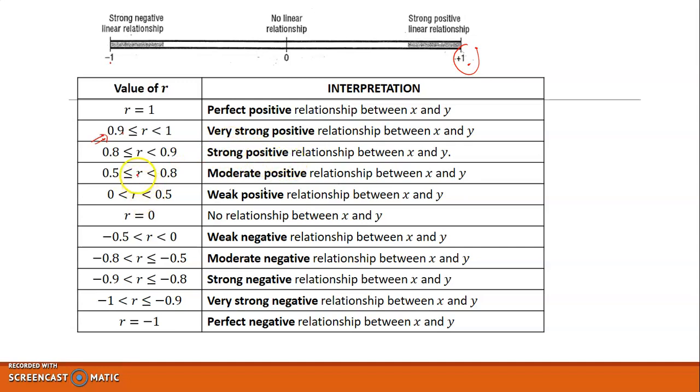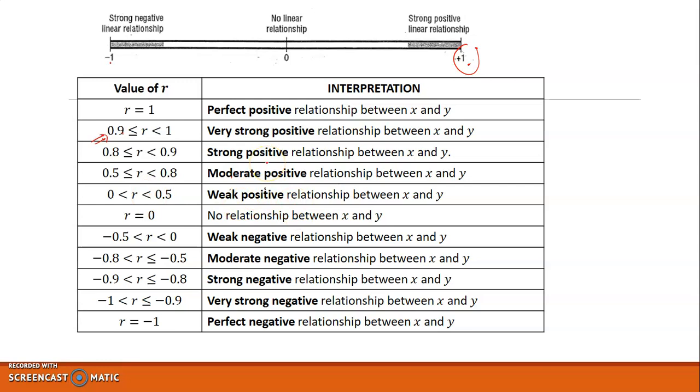If it is from 0.5 until less than 0.8, it is considered moderate positive. Lastly, if your R value is more than 0 but less than 0.5, let's say 0.4, you can interpret that as a weak positive relationship.